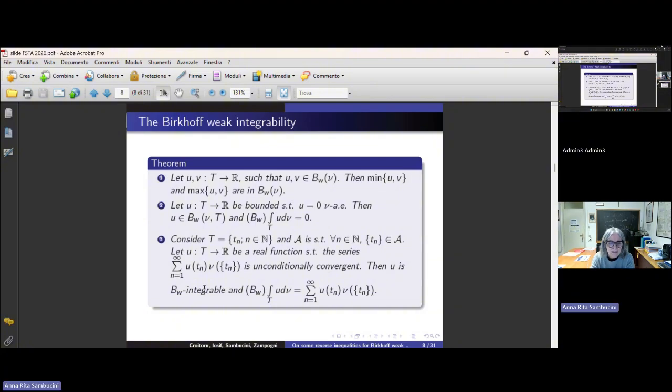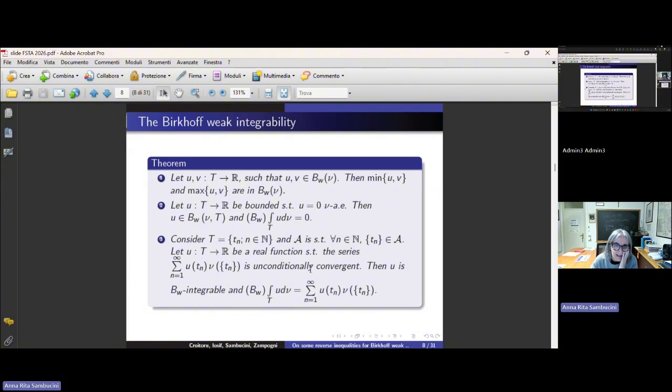Now, the family of all Birkhoff-weak integrable functions is closed with respect to the order of the real line. If a function is bounded and equal to 0 almost everywhere, then it is integrable and its integral is 0. Moreover, if the space T is countable, to each scalar function we can associate this series.